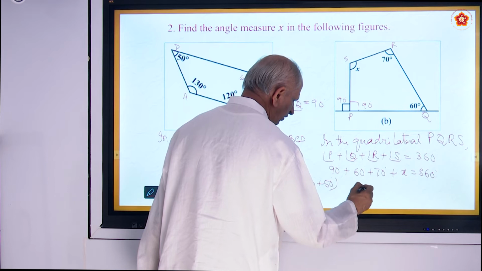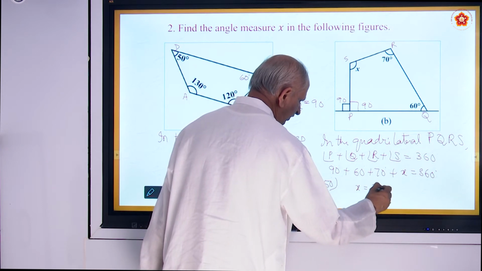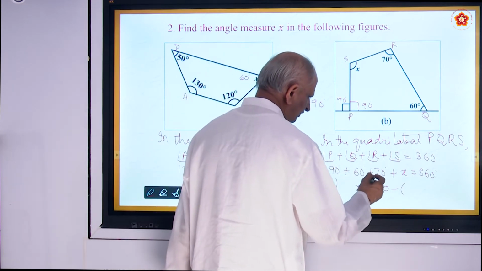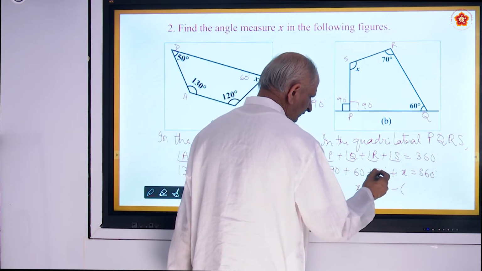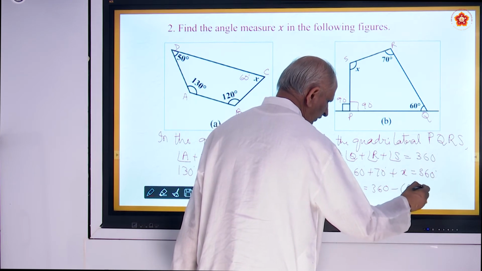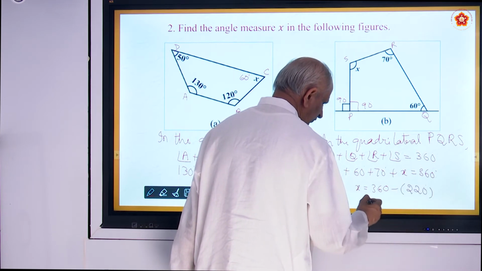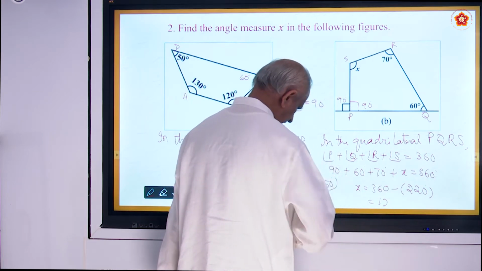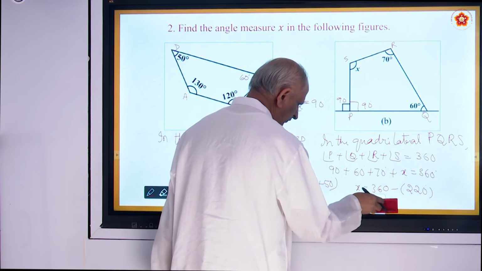So x is equal to 360 minus 90 plus 60, 150 plus 20, 220. So that is 140. So x becomes 140.